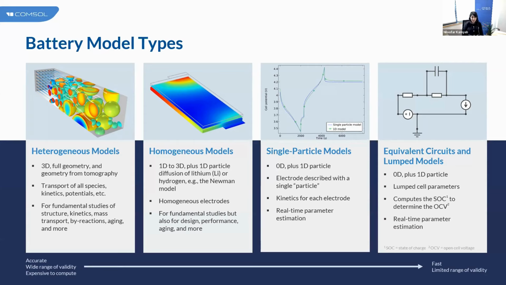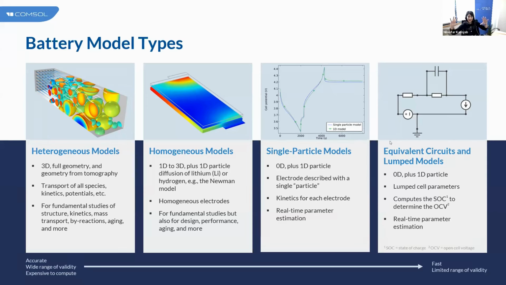Then you can go with elaborate models like the heterogeneous model or a high-fidelity homogeneous model. Or you may be a battery pack designer who only cares about the electrochemical response of your cell: how it responds in terms of voltage, state of charge, and how much heat it generates. Then you don't need elaborate models. You can leverage the simplicity of models like the equivalent circuit model and lumped model and couple that with other physics that I will get into in a minute.